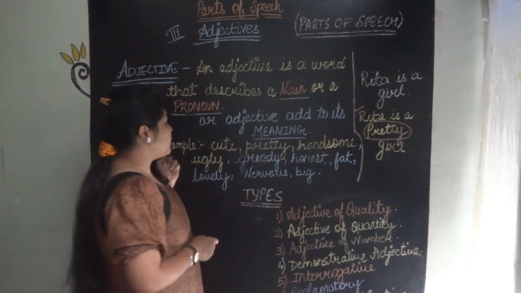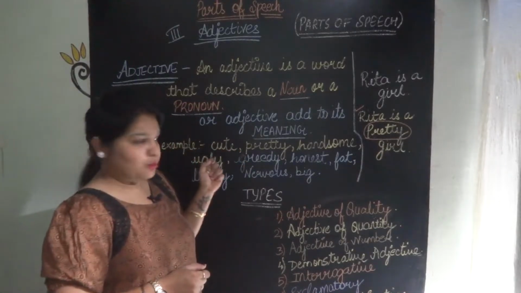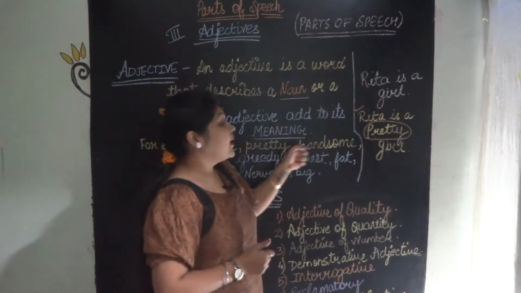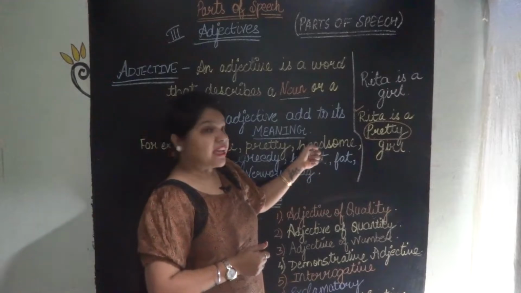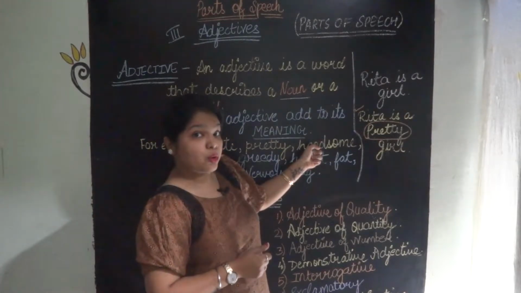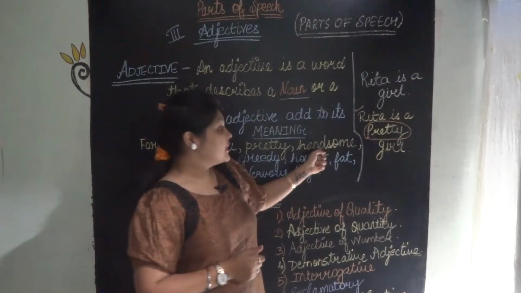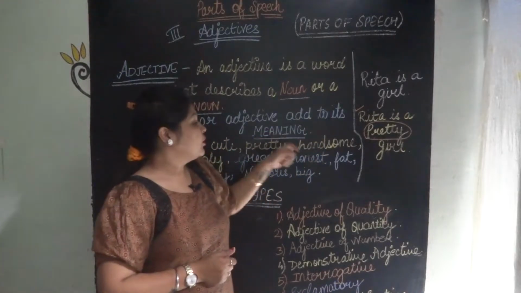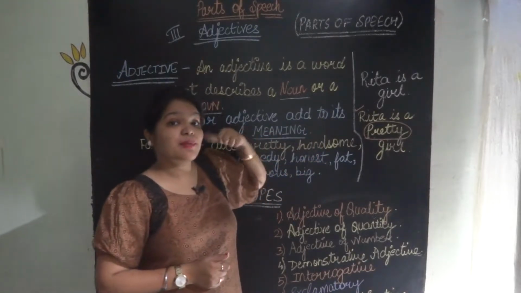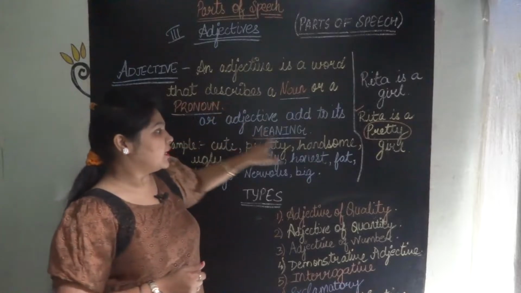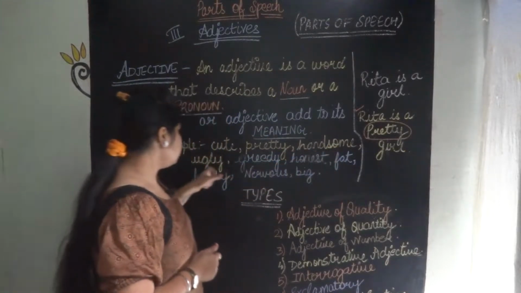For example, cute, pretty, handsome. He is a handsome boy. He is a pronoun and handsome is an adjective. So handsome is describing whom? The pronoun.